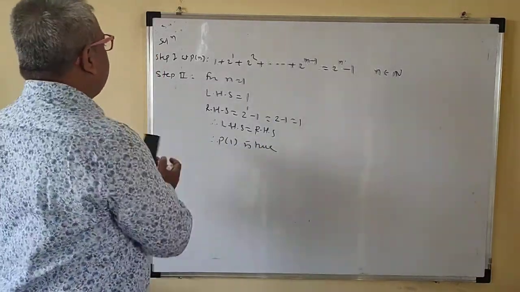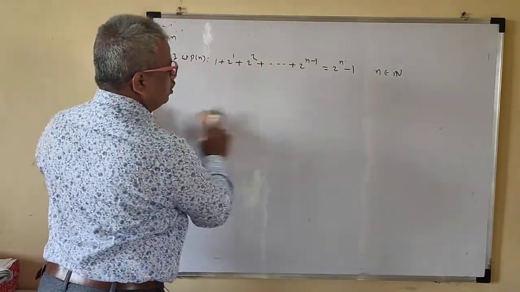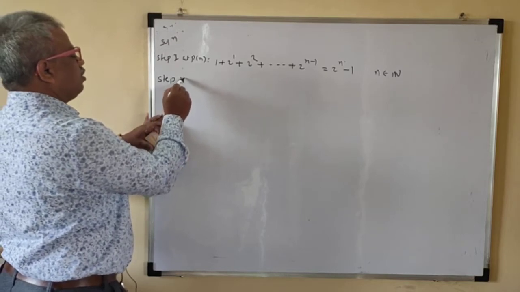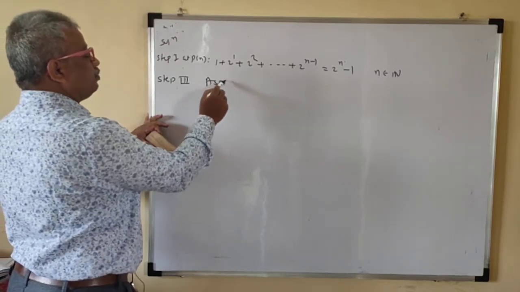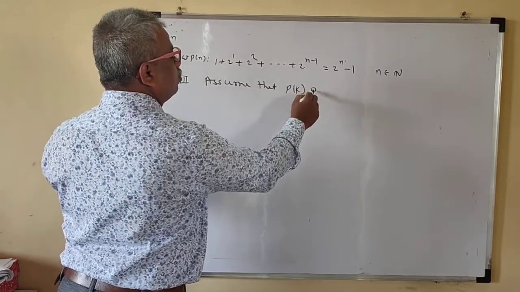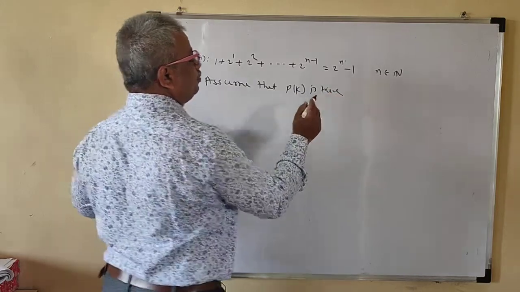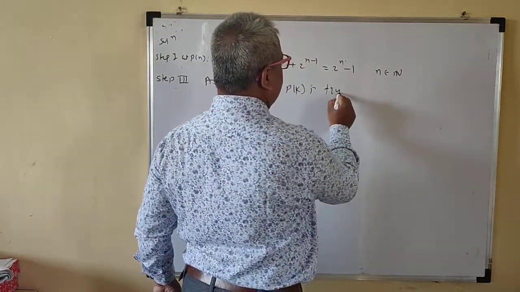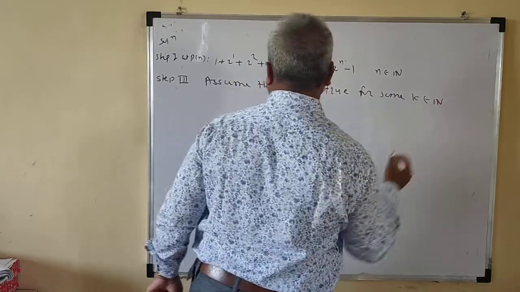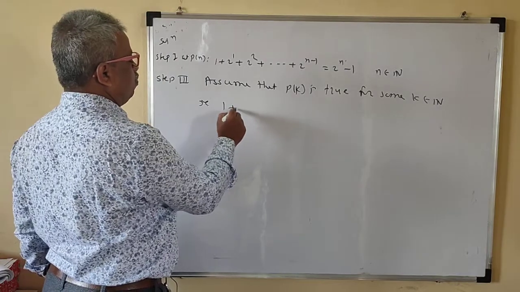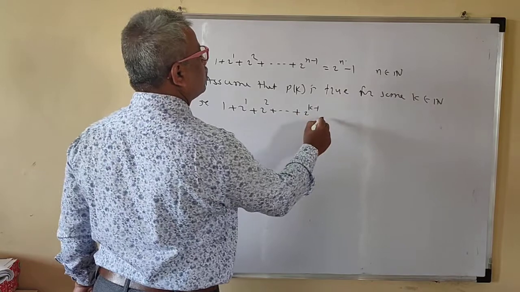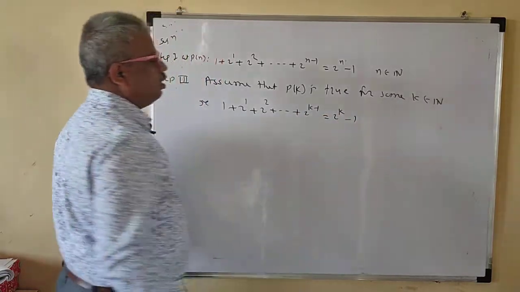Okay. So now next, step 3. Step 4 is actually very important. Step 3. Assume that Pk is true. Pk is true for some k belonging to N. So that is 1 plus 2 raised to 1, 2 raised to 2, plus 2 raised to k minus 1 is equal to 2 raised to k minus 1.